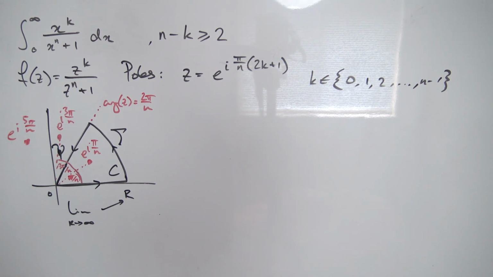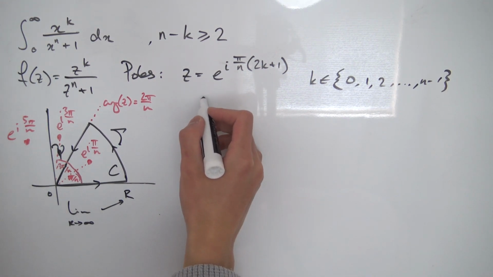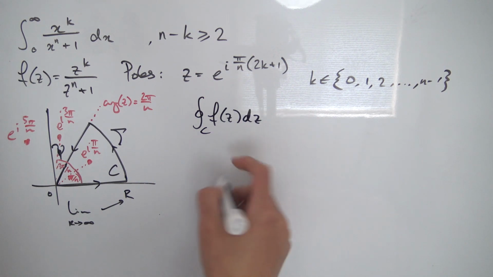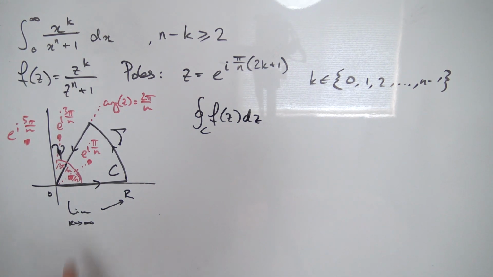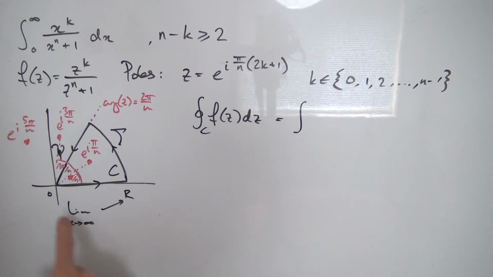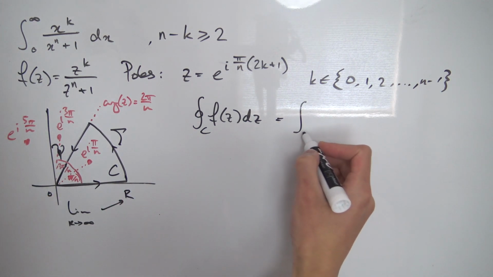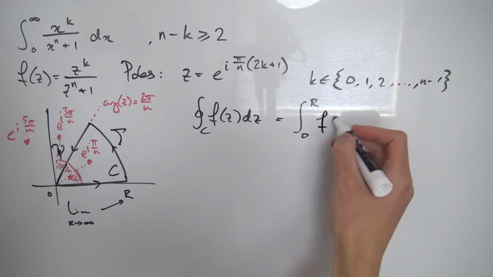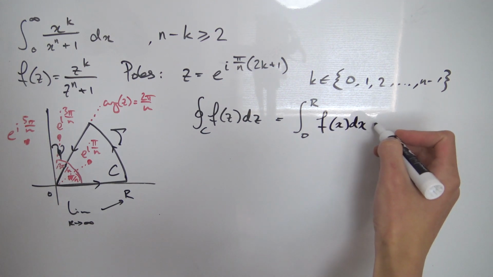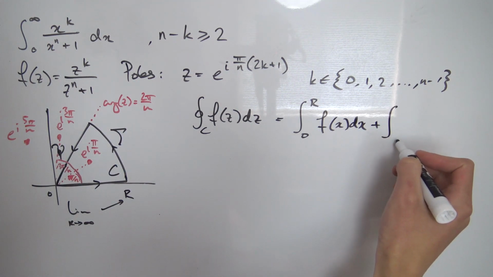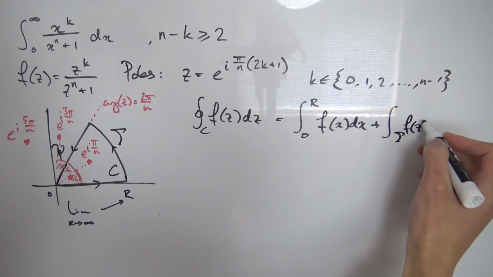So with that out of the way, let's write down a couple of integrals. First of all, we have the contour integral over C of f of z dz, and we can easily figure that out by using Cauchy's residue theorem. We're just going to take the residue at this pole, multiply by 2 pi i, but notice that this path C can be decomposed into the path, first of all, going from 0 to r, so we have the integral from 0 to r, and notice that it's on the real axis, so instead of f of z, we can just put f of x dx, and then we add the integral over gamma of f of z dz.